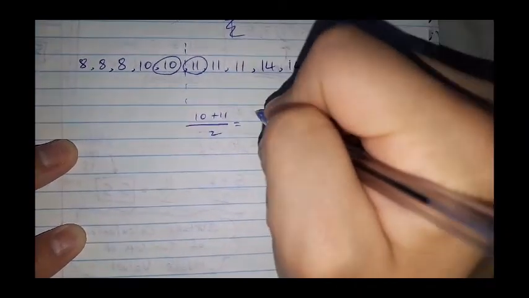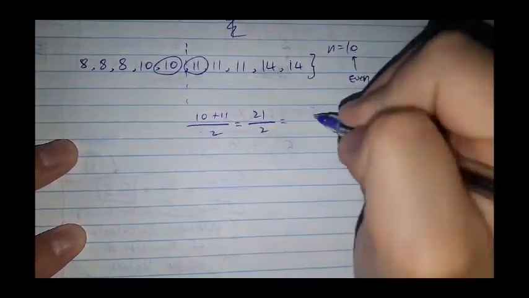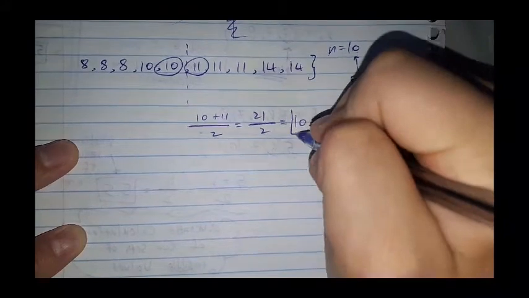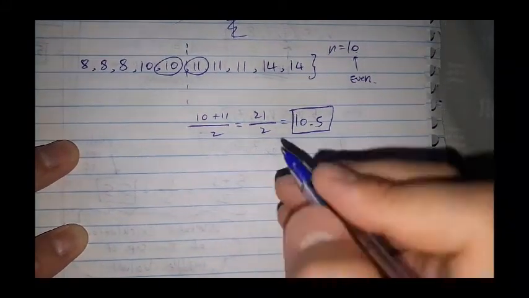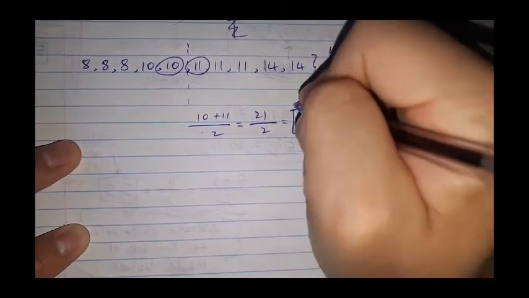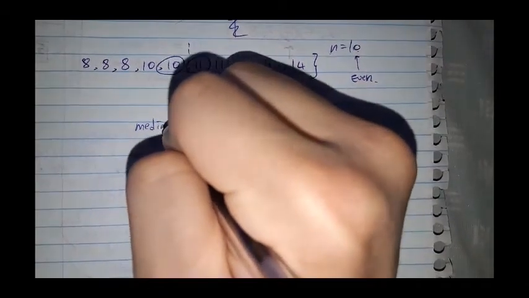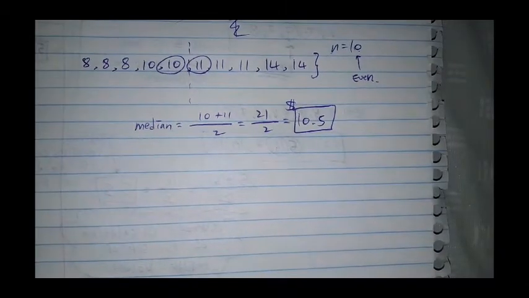So do your calculation. 10 plus 11 divided by 2, because it's 2 sets for those 2. What you need to do is 21 divided by 2, and if you use a calculator, that's 10.5. So the average is $10.5. That is your median value for this data set.